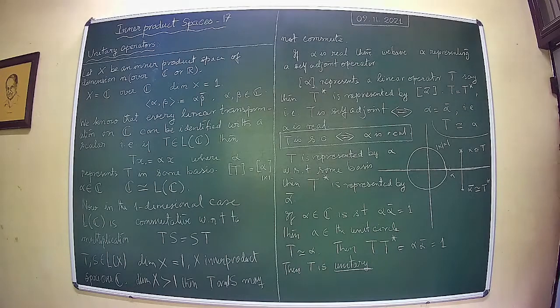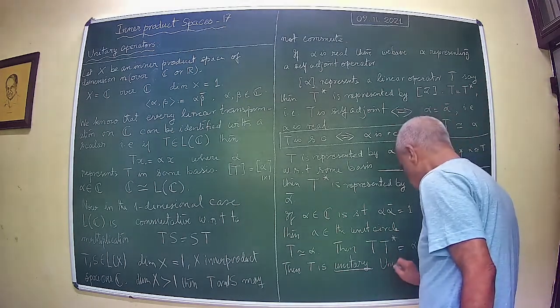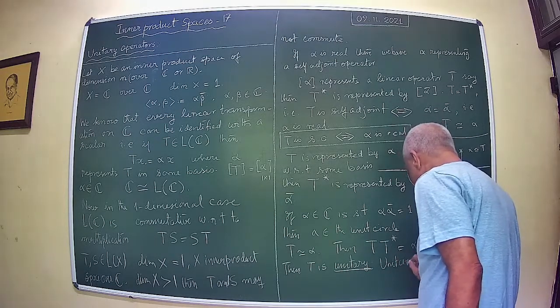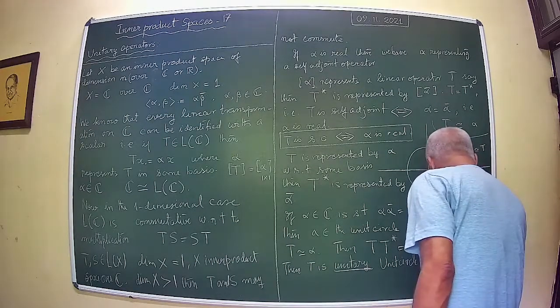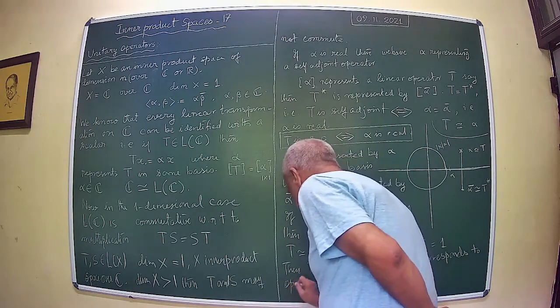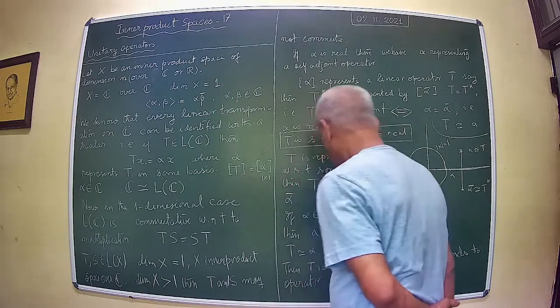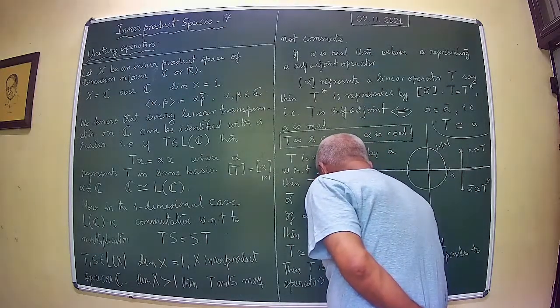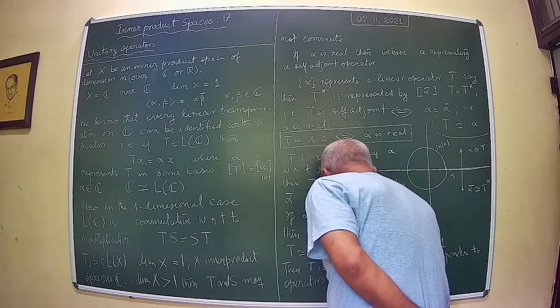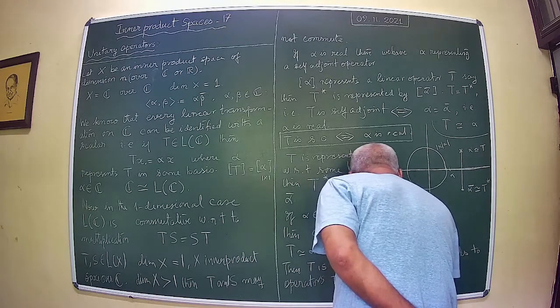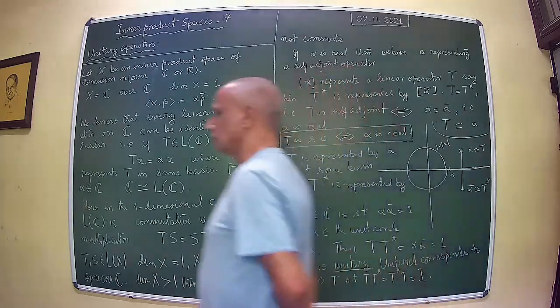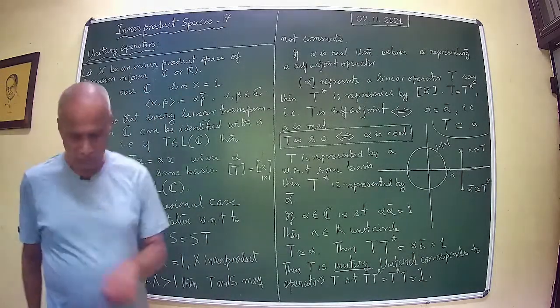And the unit circle corresponds to operators T such that T star T equals I.